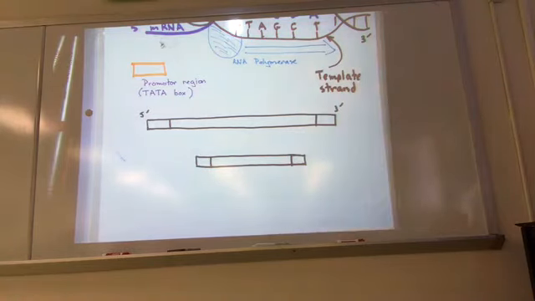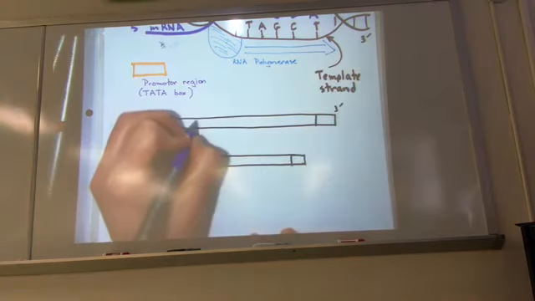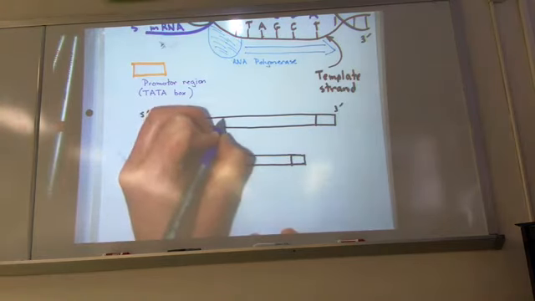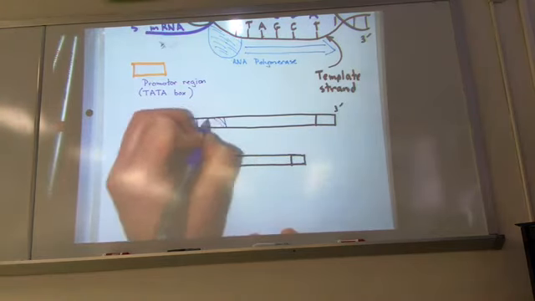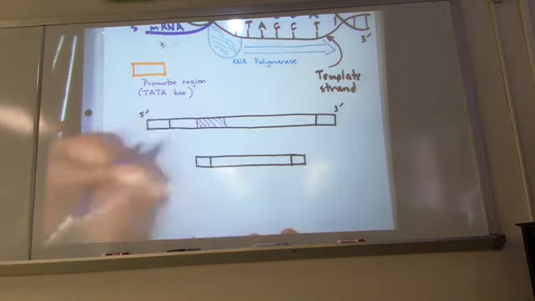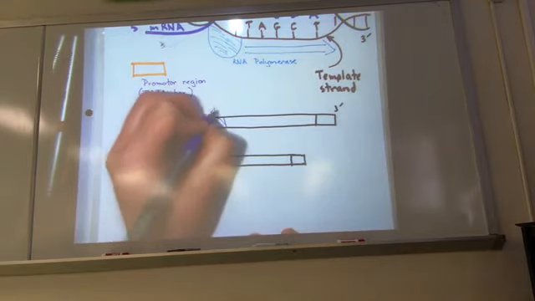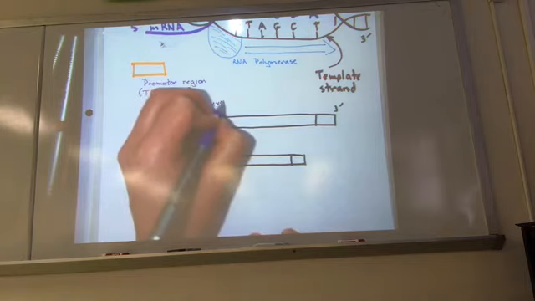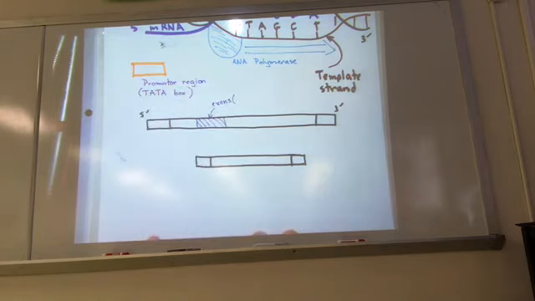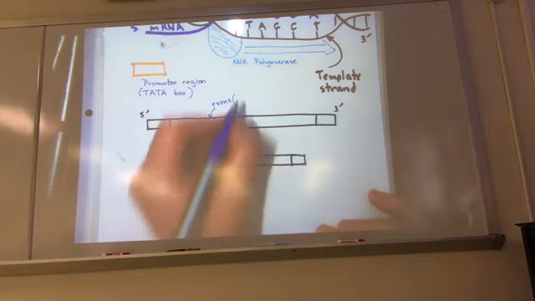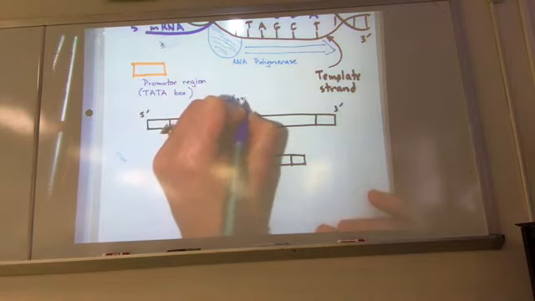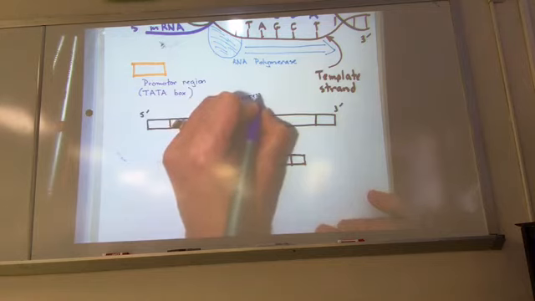So we'll have some regions that are, I'll have some shaded regions in here. And I'm going to call this shaded region, this is going to represent my exons. Remember, the exons are the segments of mRNA that are going to get expressed. So those are the ones we want to keep.